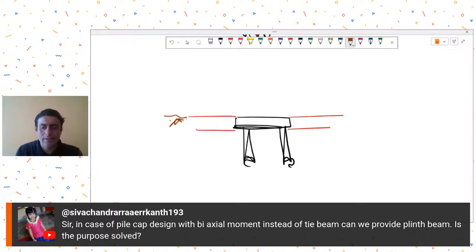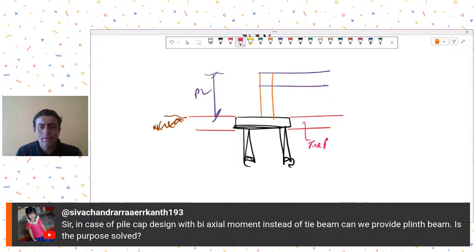So near NGL you had this pile cap, then you had your pedestal, and you had your beam. This was your plinth level, let's say. So his question is that instead of providing tie beam at this level, what if I provide plinth beams?